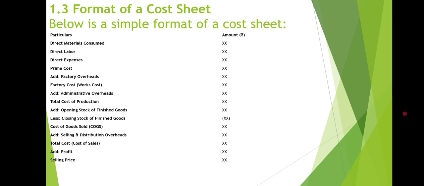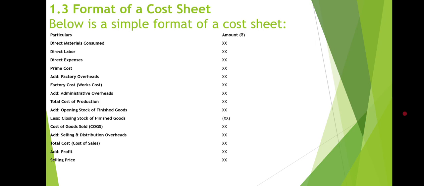So this is the format of a cost sheet below in a simple format. And these are the particulars and these are the amounts. Amount may be anything according to the material. First we have direct material consumed.